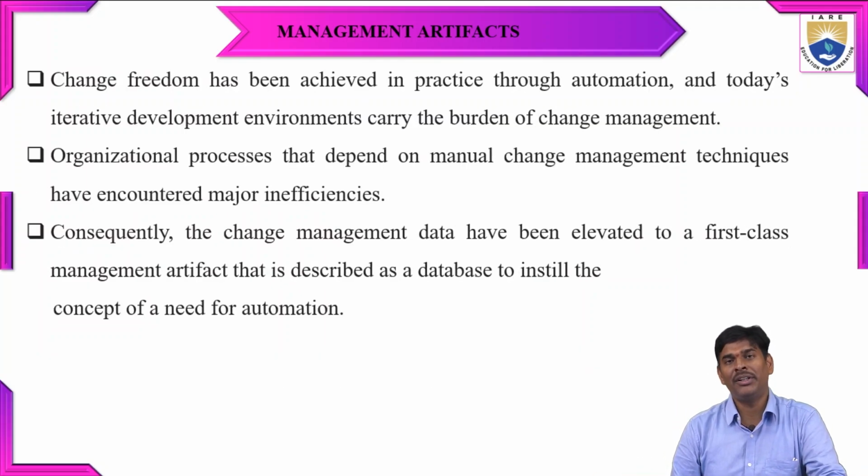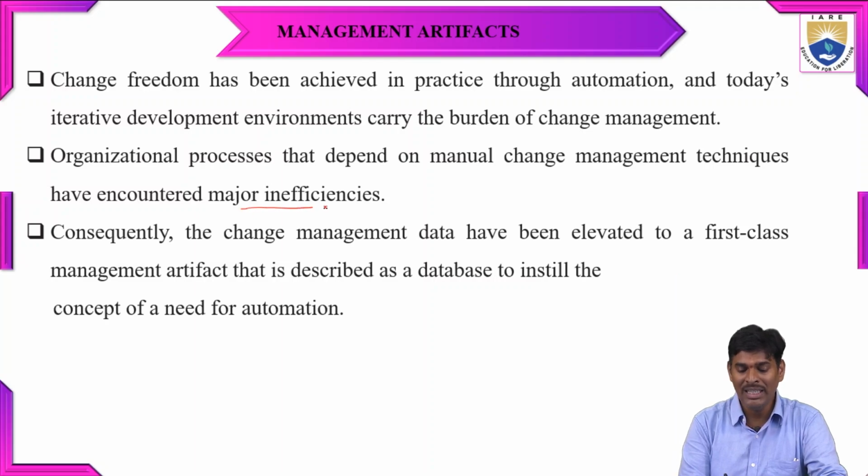And so when you're giving the freedom of changes, then the process and practice are based on automation. Nowadays we are doing everything with automation for iterative development, so that it minimizes the burden of change management. And when you go for the manual change management technique, then we can have major inefficiency.